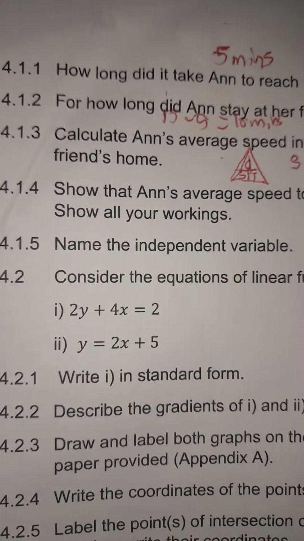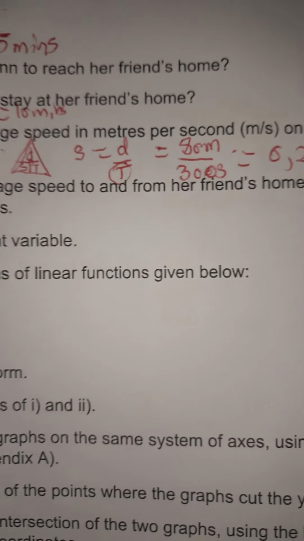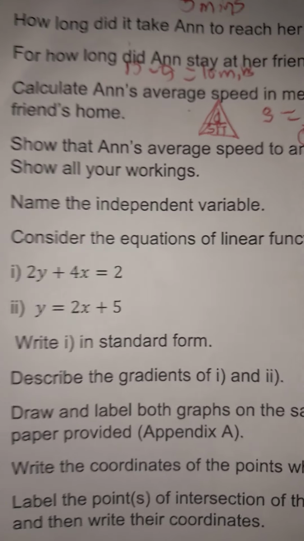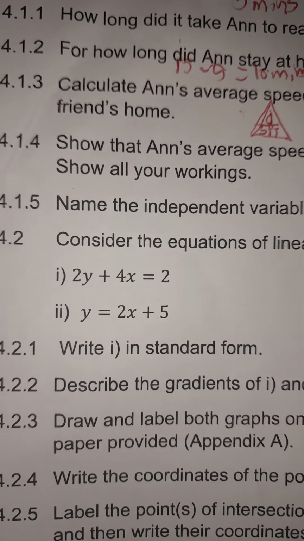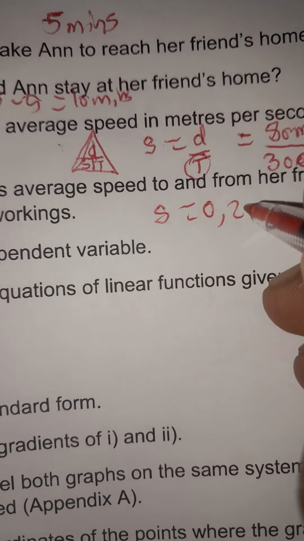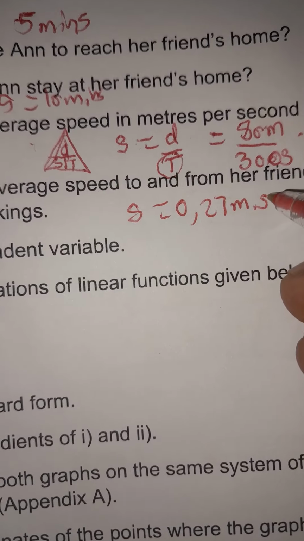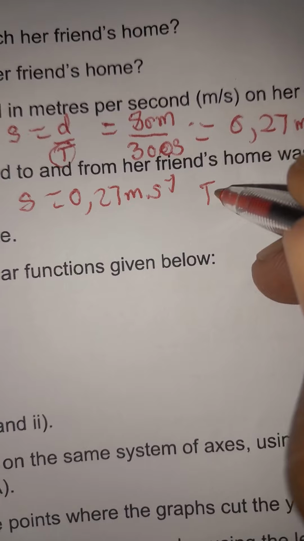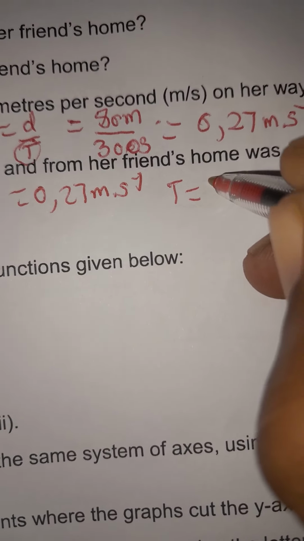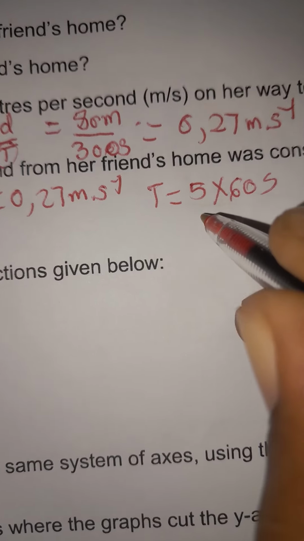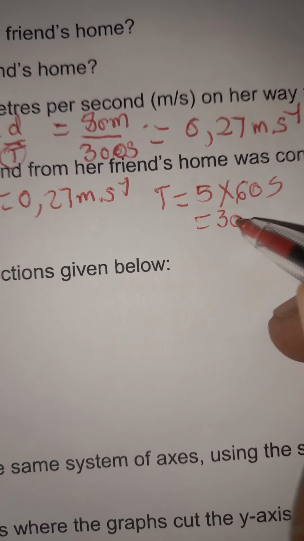Then we go to 4.4. Show that N's average speed to and from her friend was constant. We are going to use what we got at 4.1.3, where the speed was 0.27 meters per second. The time was 5 times 60 seconds, which gives 300.